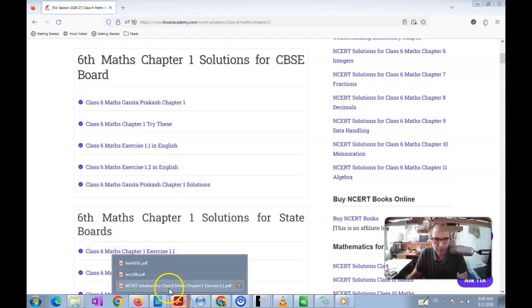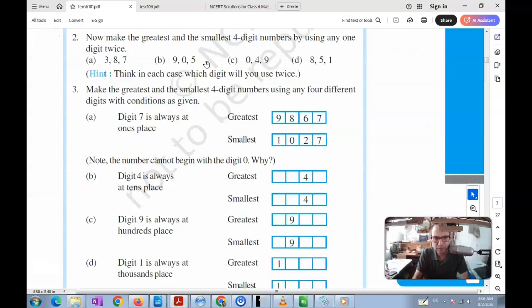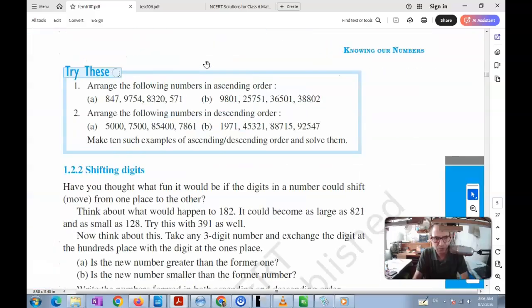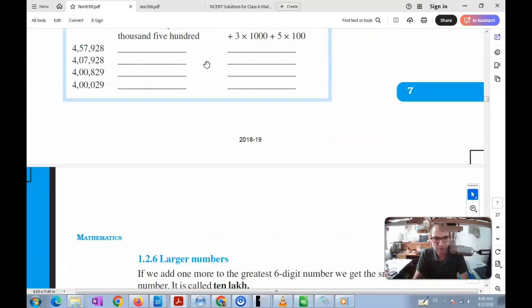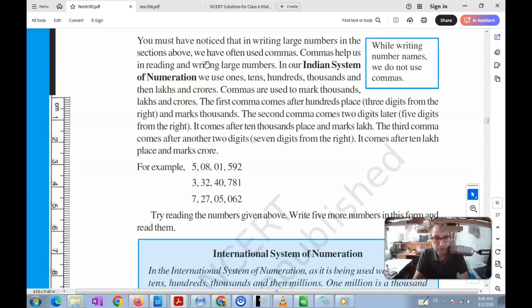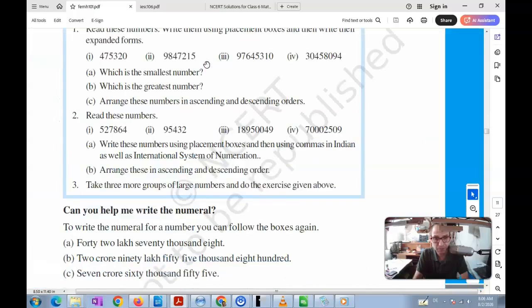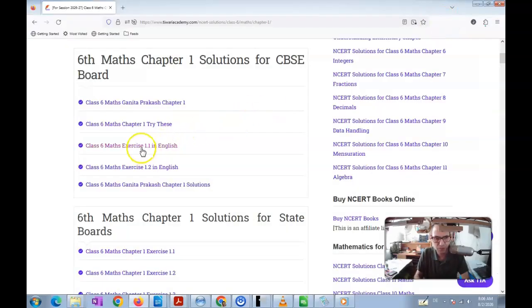And as we saw here, the exercise that we were looking for was this exercise set over here. The first exercise set is exercise 1.1. So you're looking for exercise 1.1 and exercise 1.2 in English.